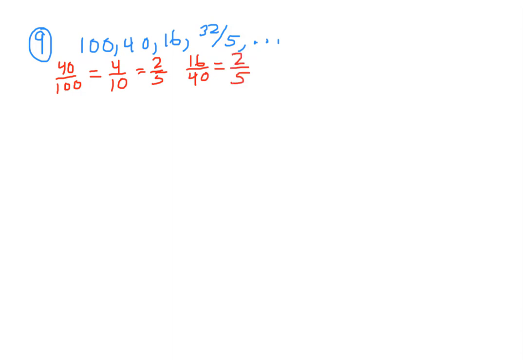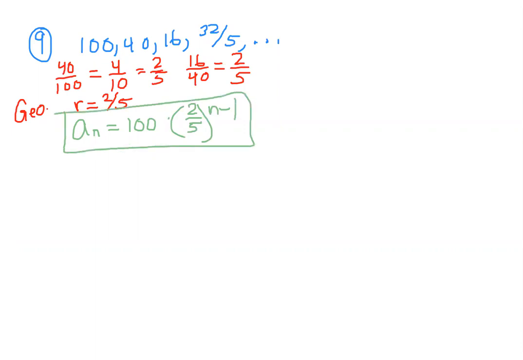And if you did the last one, you would also get 2/5. So this is geometric, and R is 2/5. And our rule is A1 times R to the n minus 1. And we're done.